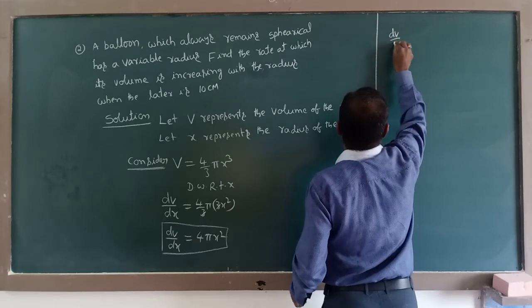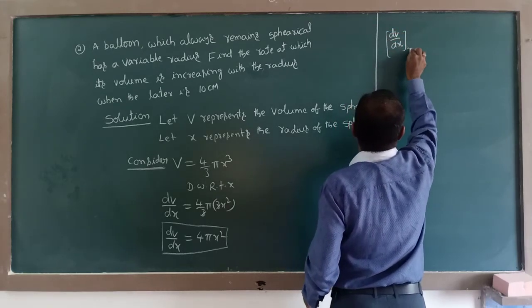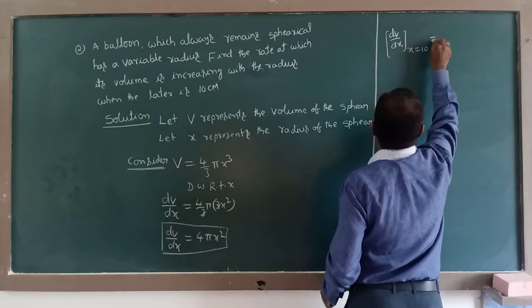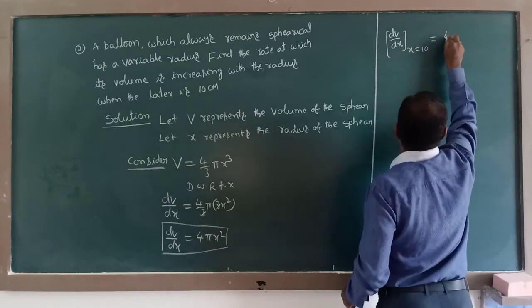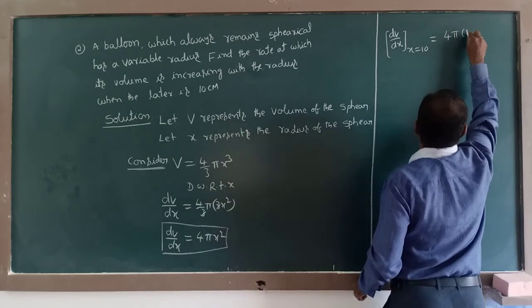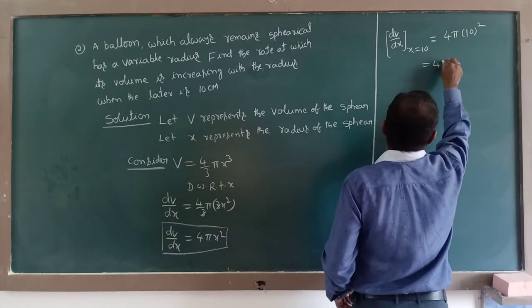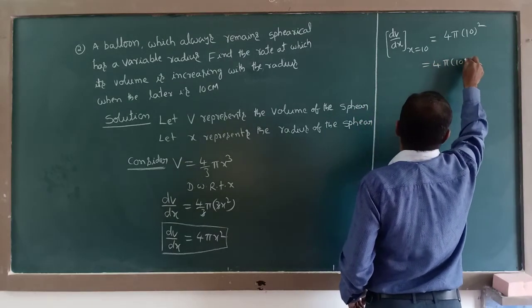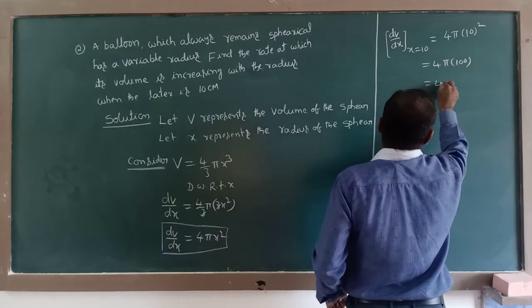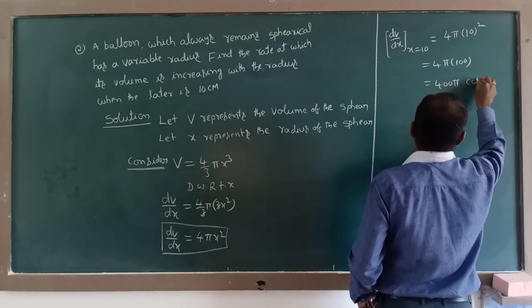dV by dx at x equal to 10 is equal to 4 pi x square. Substituting 10 square, that is 4 pi into 100, that is 400 pi cubic units.